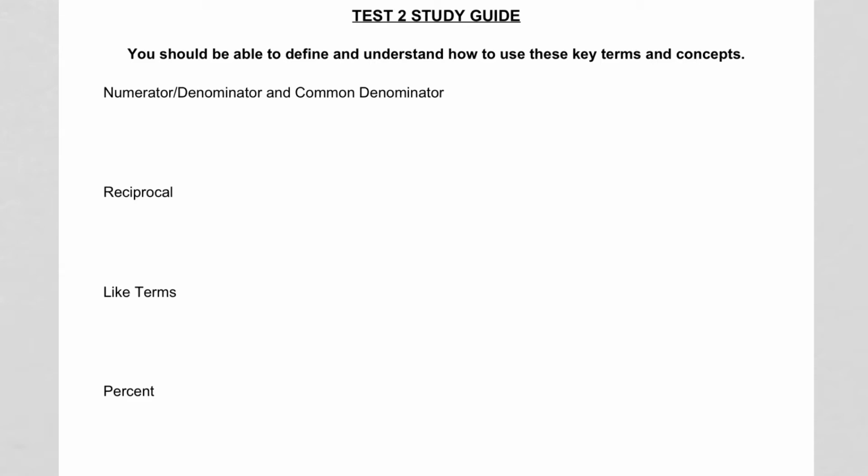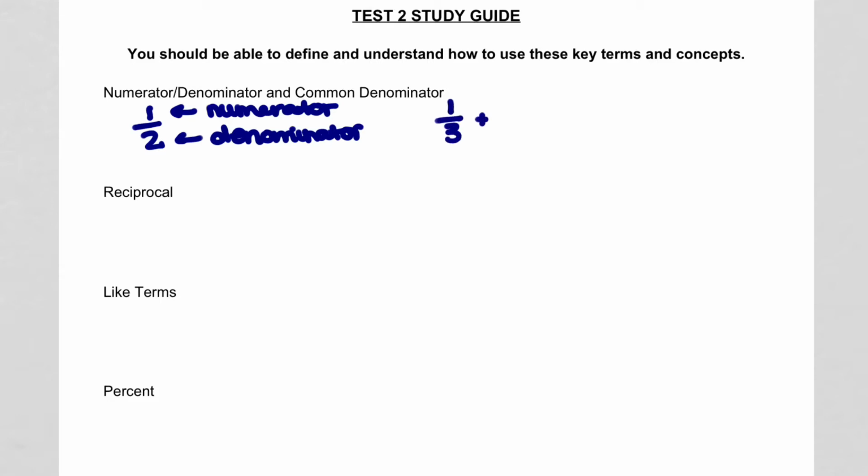So let's just remember that if we have a fraction like 1/2, the number on top is the numerator, the bottom number is the denominator, and a common denominator means, if we're adding something together, let's say we have 1/3 plus 1/2, when adding and subtracting, that bottom number has to match in order for us to be able to use it.